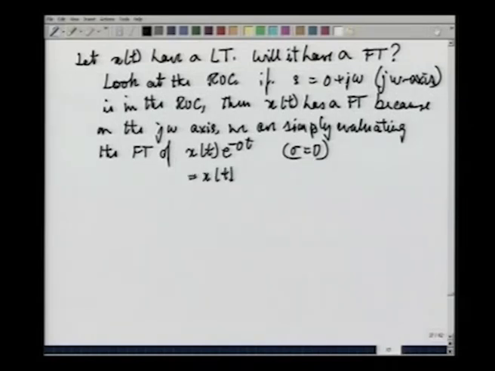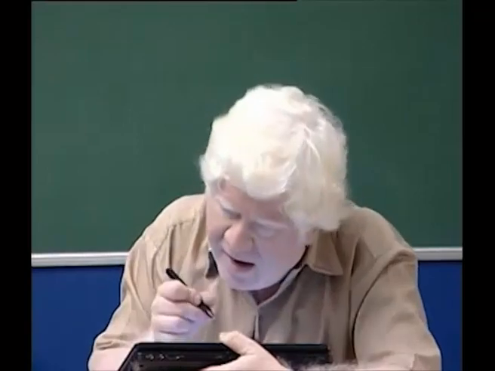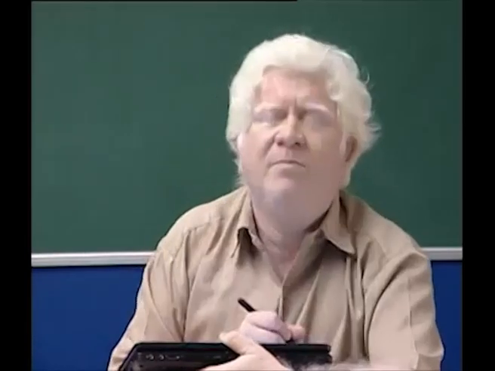That means that whenever the imaginary axis lies within the region of convergence, clearly x(t) will have a Fourier transform.